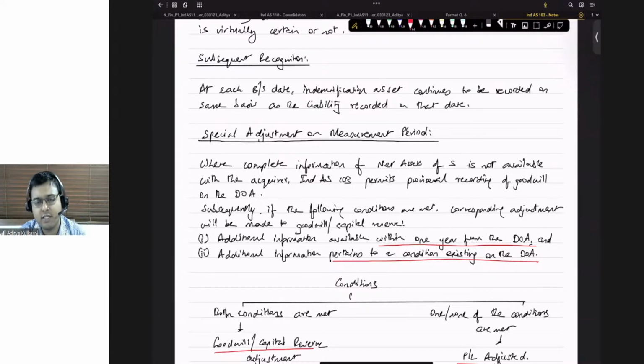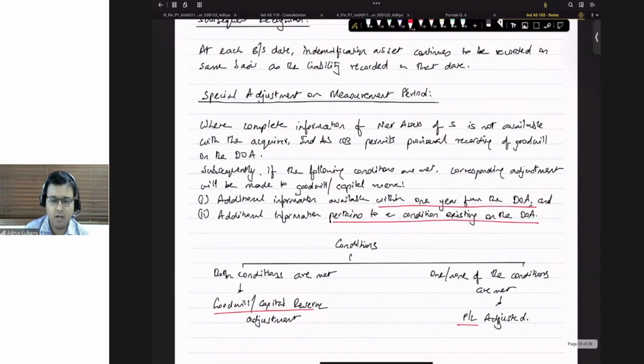So Ind AS 103 tells us that you do a provisional recognition, and thereafter for 1 year from the date of acquisition, if you get any information which is regarding the conditions existing on the date of acquisition, then you can give the effect in goodwill and not in the profit and loss account. We call this the measurement period concept.